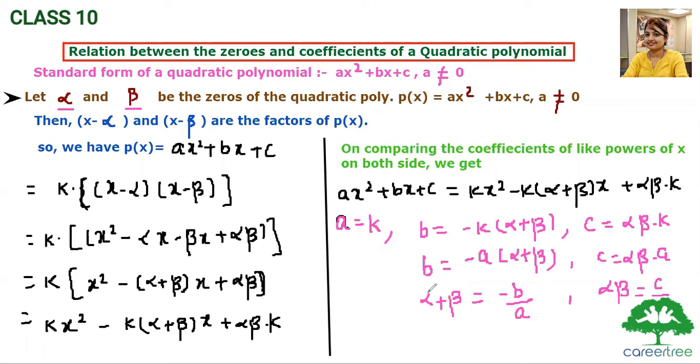So the sum of zeros will be equal to minus of coefficient of x by coefficient of x squared. In the same way, alpha into beta, the product of the zeros, is equal to constant term by coefficient of x squared.